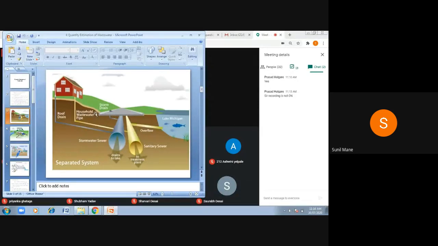So the design would also be different. We don't have to care about the storm water drain every time, so the care we have to take is different. Depending upon the type of flow, the flow would be diverted over there.